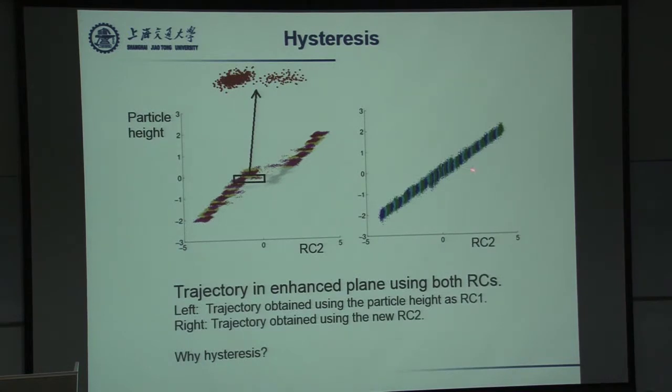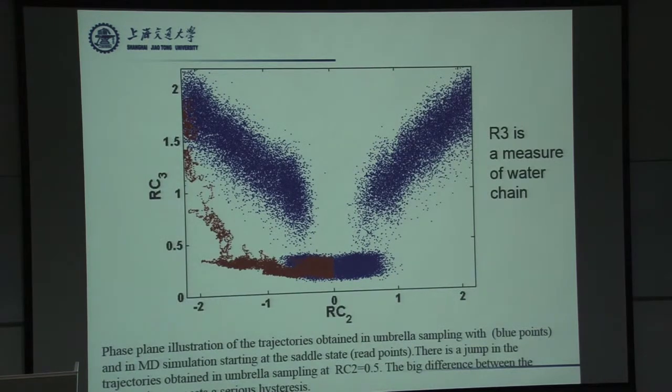And we avoid the hysteresis, because there's no sampling here. That's why you get a lot of hysteresis. And this is a real simulation. You can see there's still not much sampling here. Not sampling here. And we did an experiment.